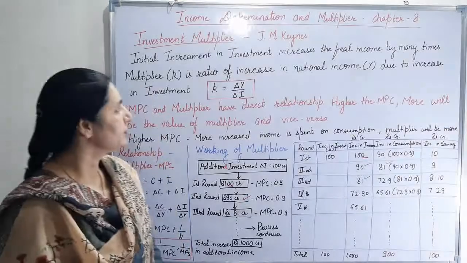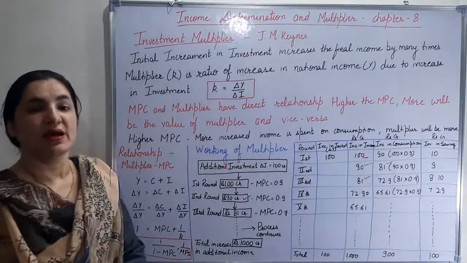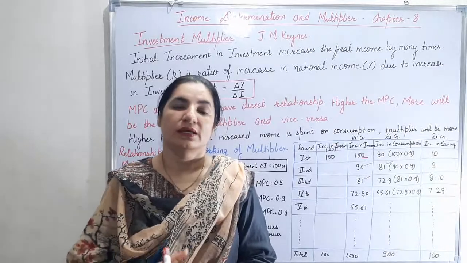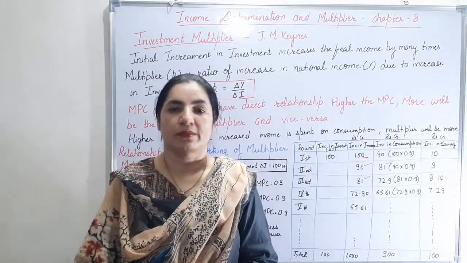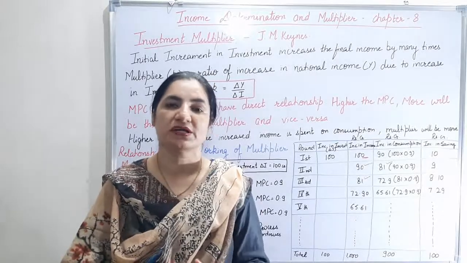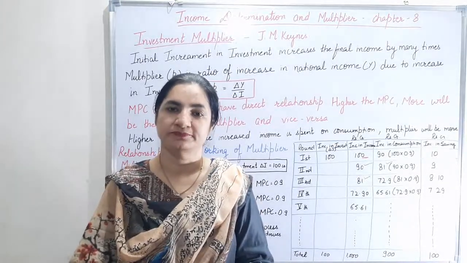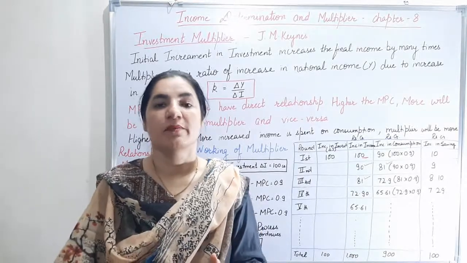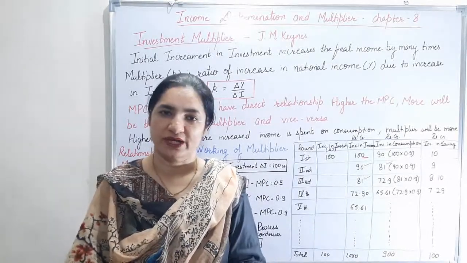So let us start. Investment multiplier is actually the contribution of J.M. Keynes. According to him, when an initial, additional investment is made in an economy, the income in the economy increases by multiple number of times.